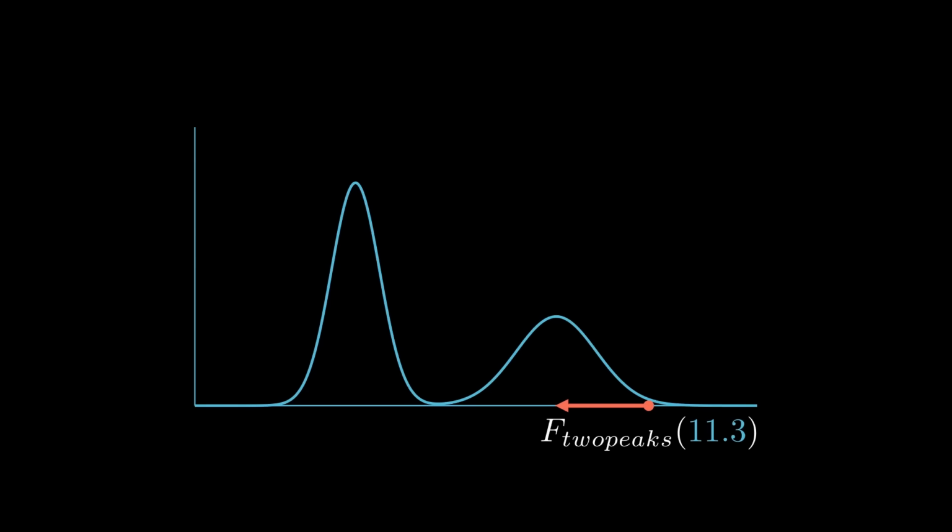So if we have this function, f2 peaks, along with an ability to draw samples from the normal distribution, it turns out that there's a very simple procedure that generates samples from this distribution, called Langevin sampling, named after French physicist Paul Langevin.